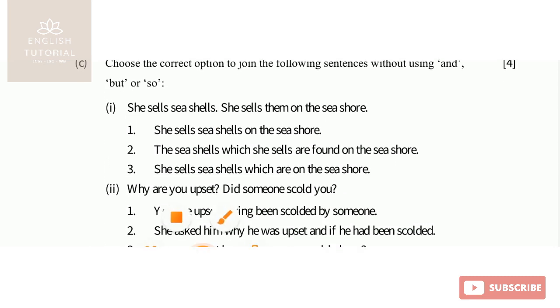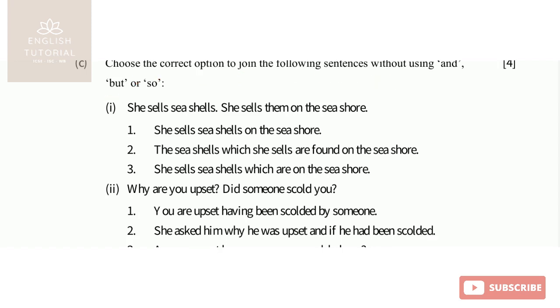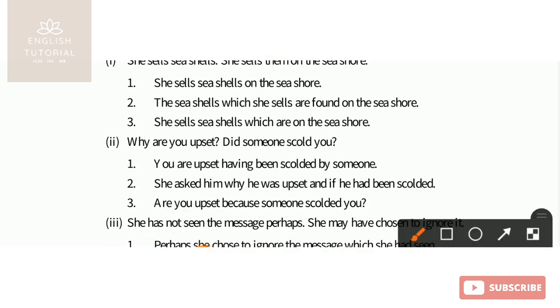Now comes C. C is joining of sentences without using and, but, or so, that, like the one before. It carries 4 marks. There are 4 questions. So I'm giving the correct answers. First one, 1.